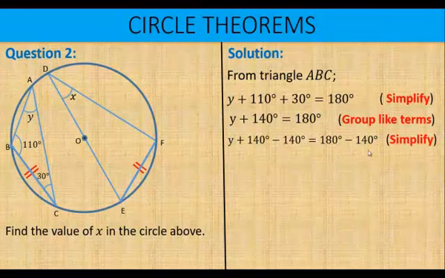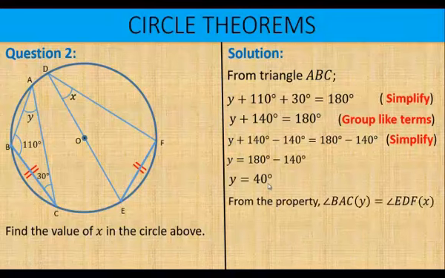When we simplify that, we get y at the left hand side, because 140 degrees minus 140 degrees would be 0. 180 degrees minus 140 degrees gives us y equals 40 degrees.